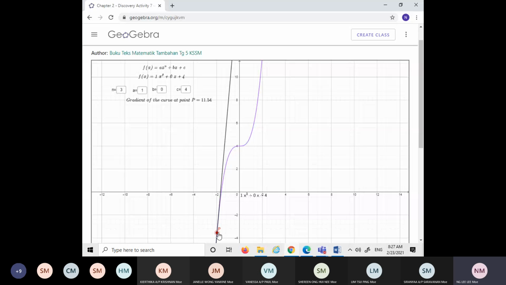If by calculation, wait, dy/dx for the x cube, I do it manually. dy/dx for x cube is 3x squared. So when x is -2, it should be 12. So go down some more. It should be 12.